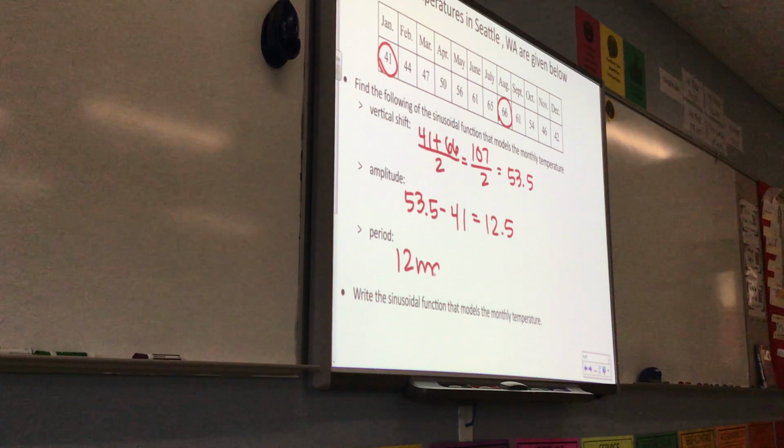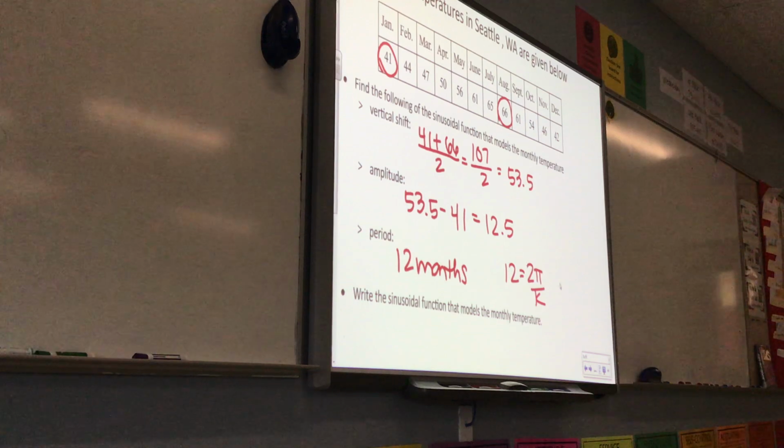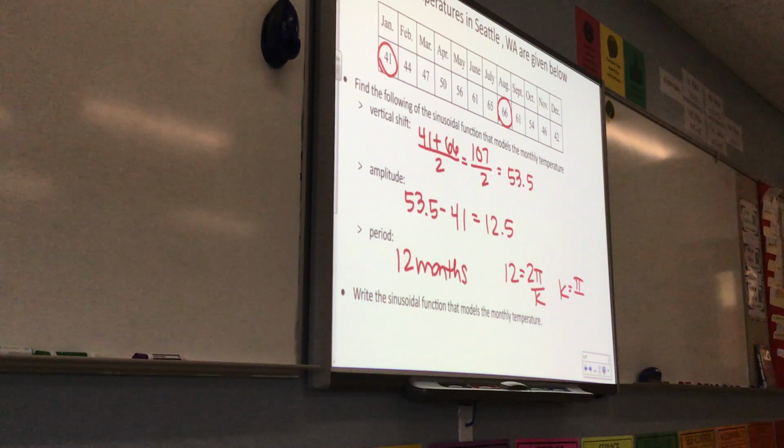Good. 12 months. What I want you to remember is when we put that in our formula, it's not going to show up as the 12. You will have to find that K value. What will my K be anytime it's a year? Notice that what number always shows up when it's a year? 6. Yes. Pi over 6. So when you solve this, you get pi over 6.